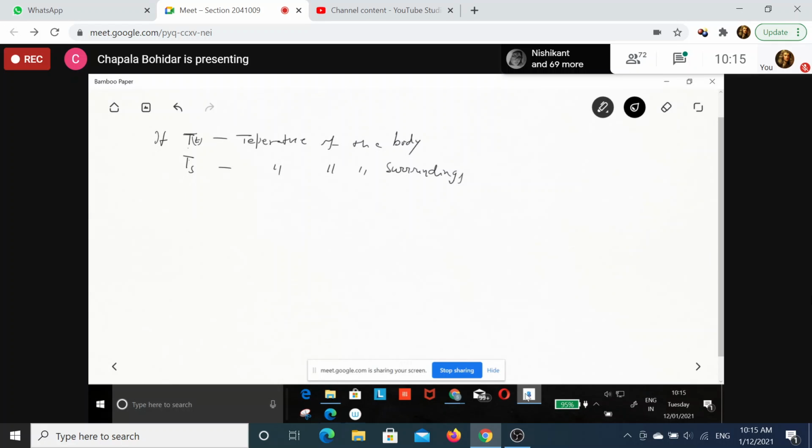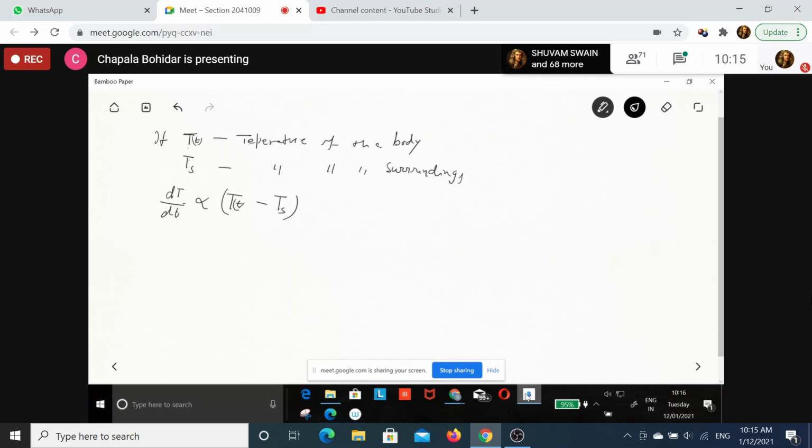Then the rate of change of this temperature, that is dT by dt with respect to the time period, is proportional, by Newton's law of cooling, to the difference between the temperature of the body and the temperature of the surrounding. All of you know this part?